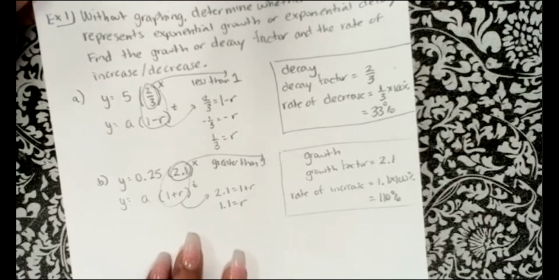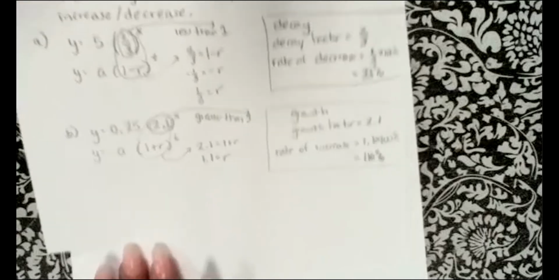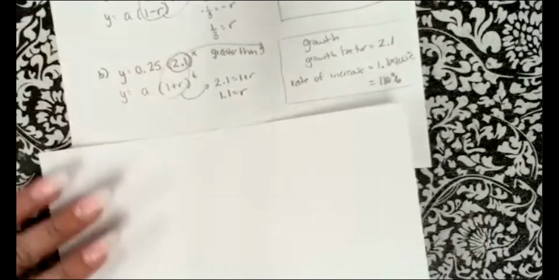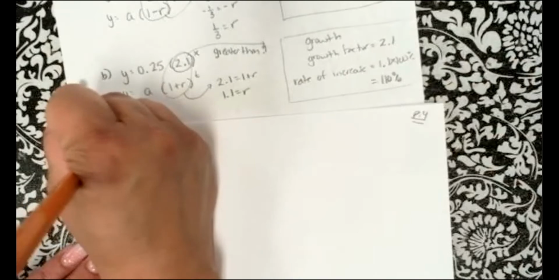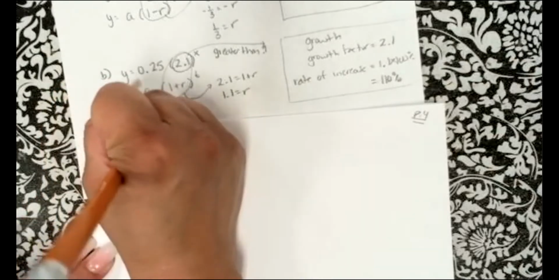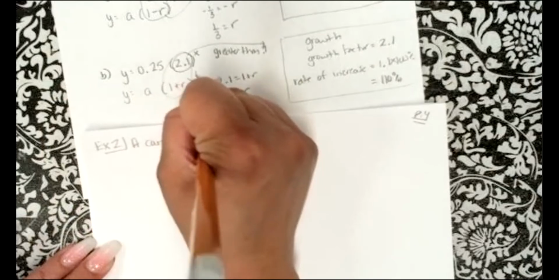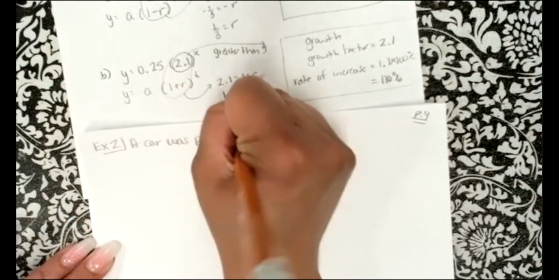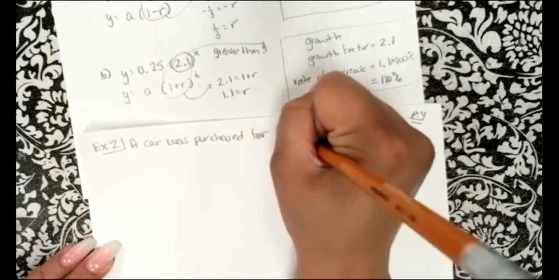We're now going to do another word problem, a real world one. A car was purchased for $24,000.